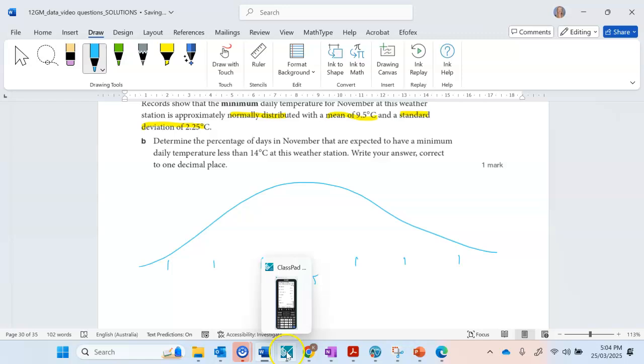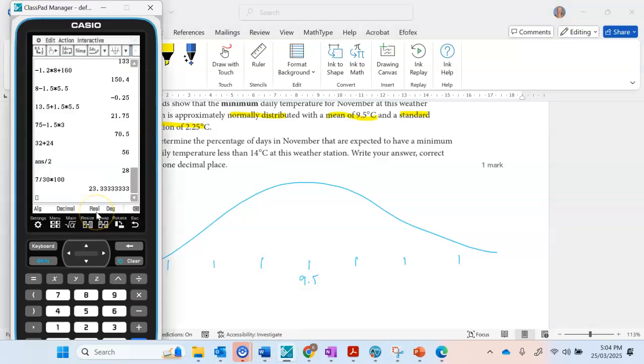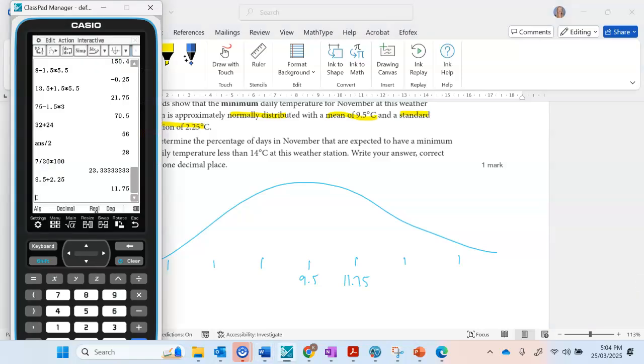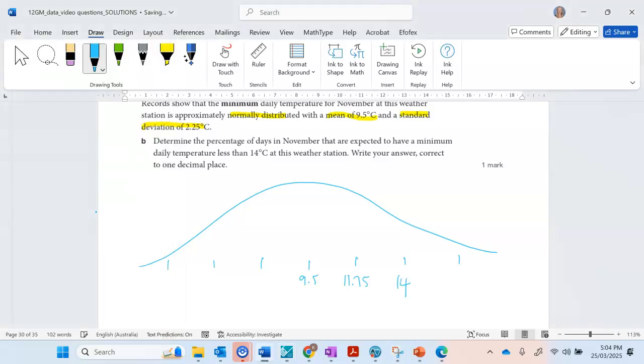Now, it's late in the day and I've done quite a few videos today, so I don't trust my calculation skills. Whoops. See, I keep pressing the wrong button on the calculator too. 9.5 plus 2.25, so we've got 11.75. And then we're going to add 2.25 again, so we get 14.